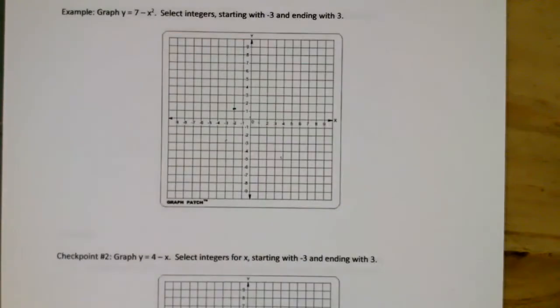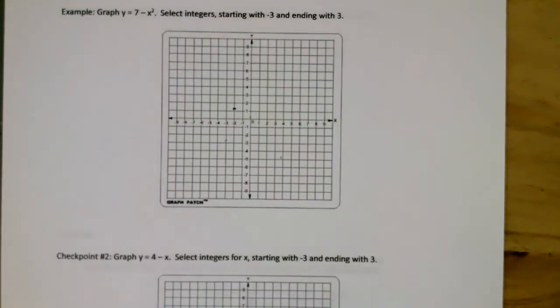Okay. So let's take a look at this equation. We want to graph y is equal to 7 minus x squared, selecting integers starting with -3 and ending with 3. So what we're going to do is create a table of values here.